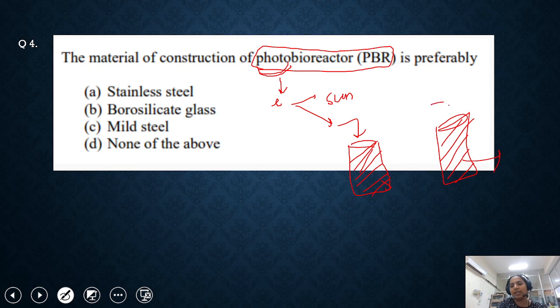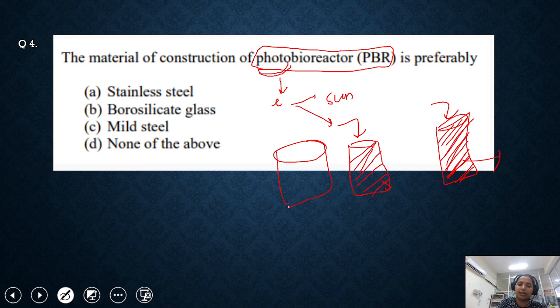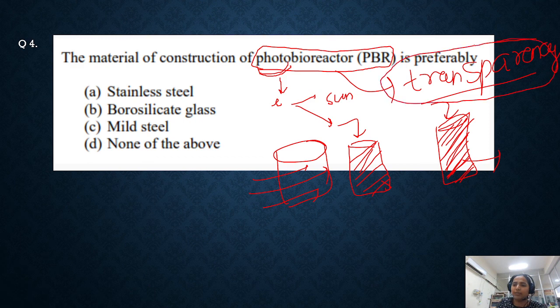And if some light even goes in, it will be a very small amount, and it will not allow the light to pass. So that's why we need a material for the photobioreactor that will allow light, that is transparent. So for a photobioreactor, the main important thing is transparency. This is the main quality that we need for making the photobioreactor.